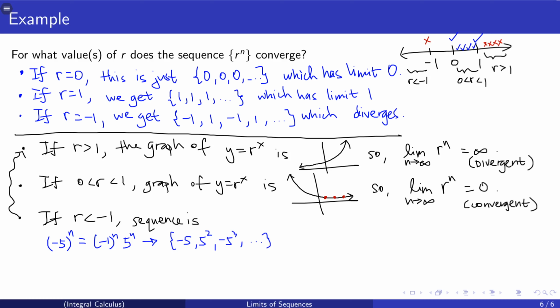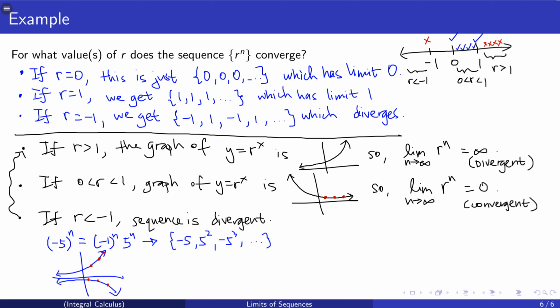And what that's going to look like on our graph is that the points of your sequence are going to alternate from negative to positive, negative to positive, but following either one of these branches. Therefore, the sequence there is divergent.